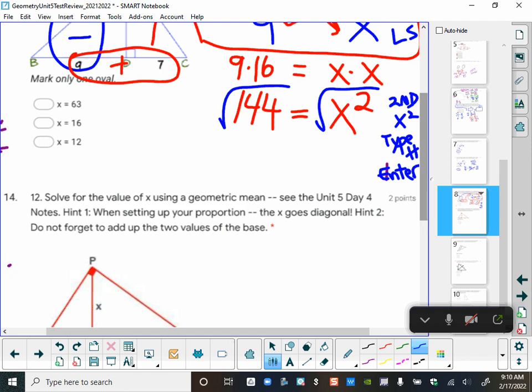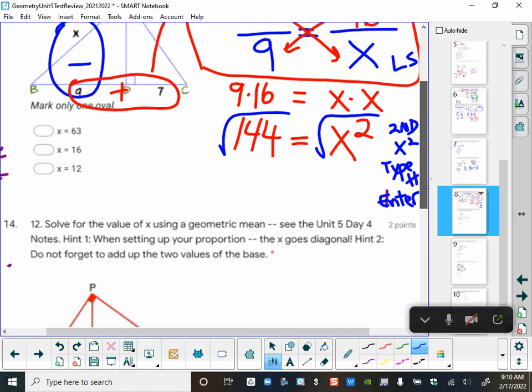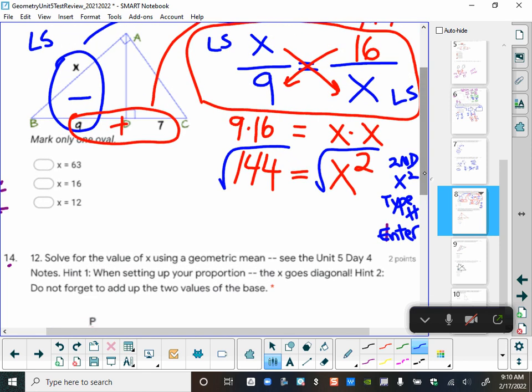If you're using a regular blue calculator, type the number, then hit the square root button. So in the end, what would be the square root of 144? 12. Square root of 144? 12.